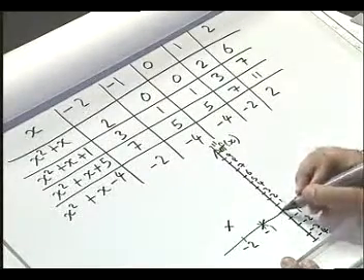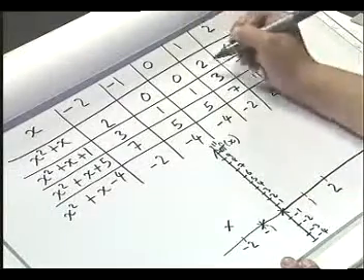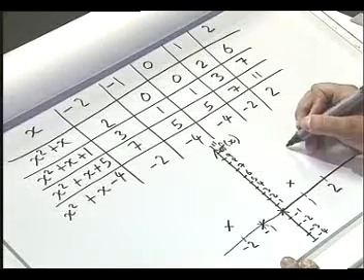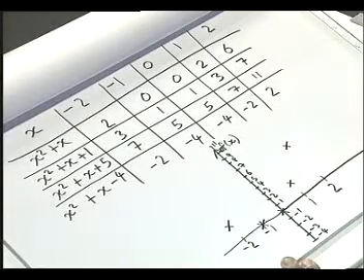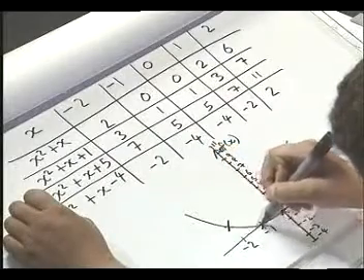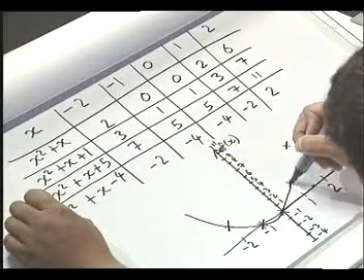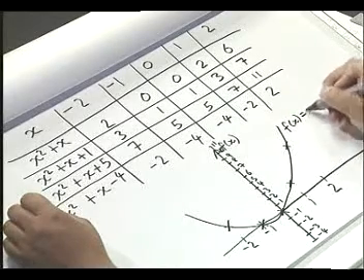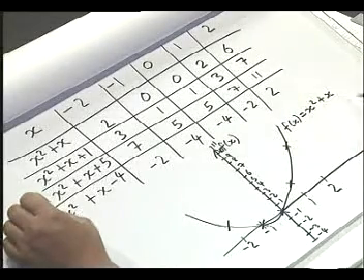We've got the origin next, 0, 0. We've got the point 1, 2. And we've got the point 2, 6. We should draw a smooth curve through this one first and label that as f of x equals x squared plus x.